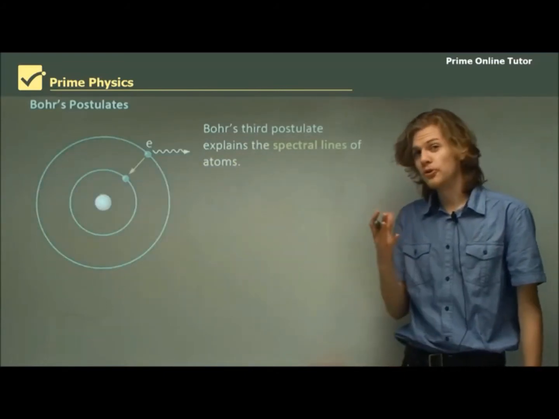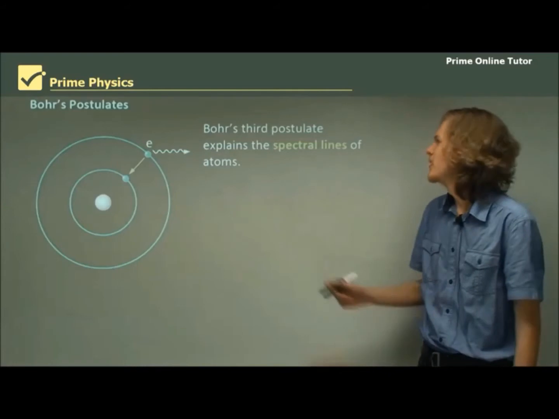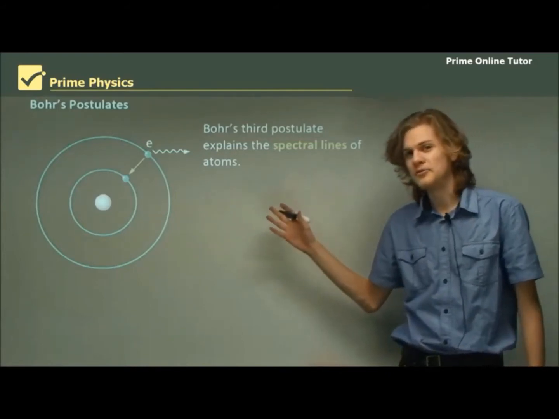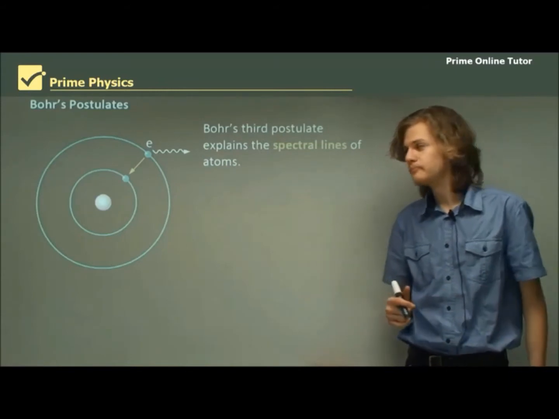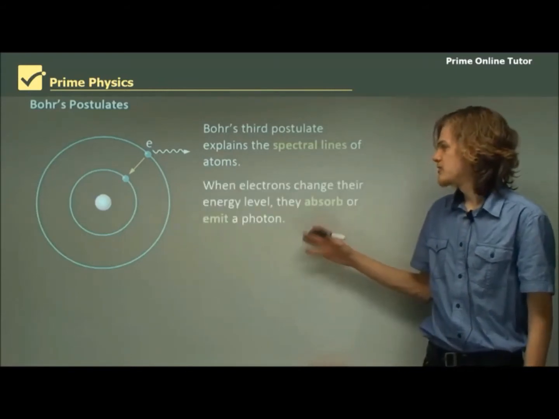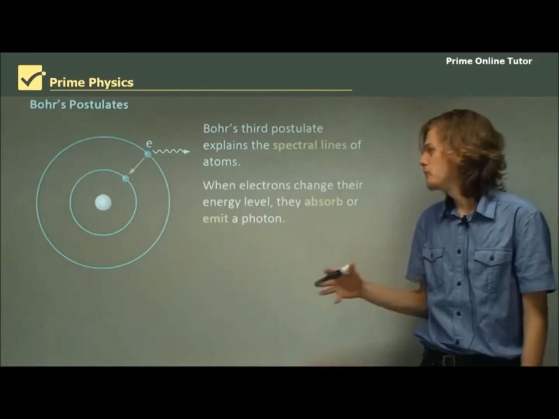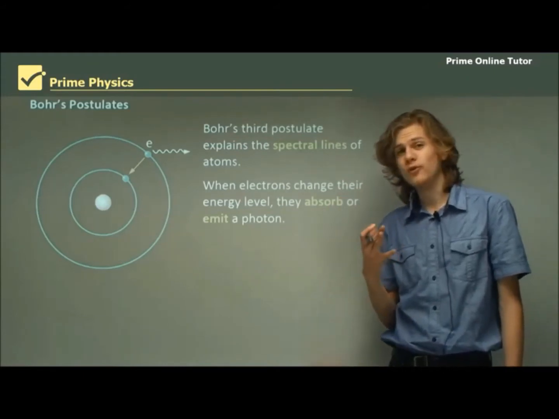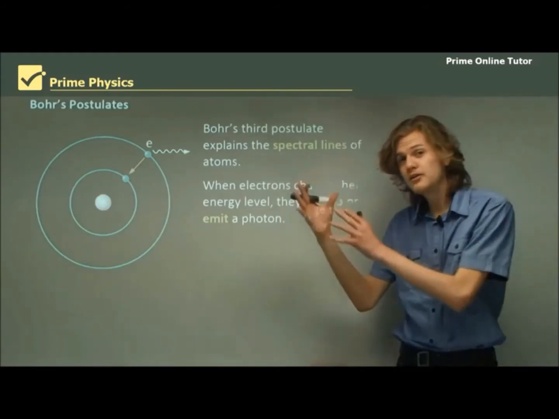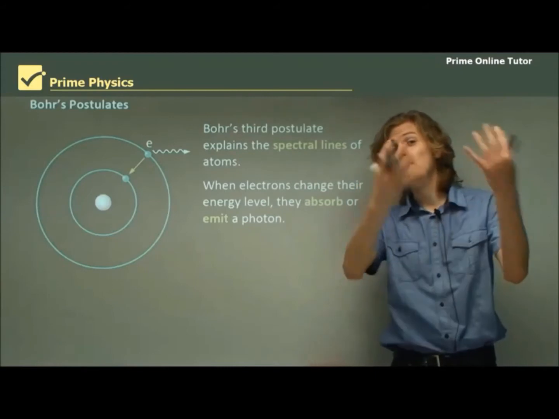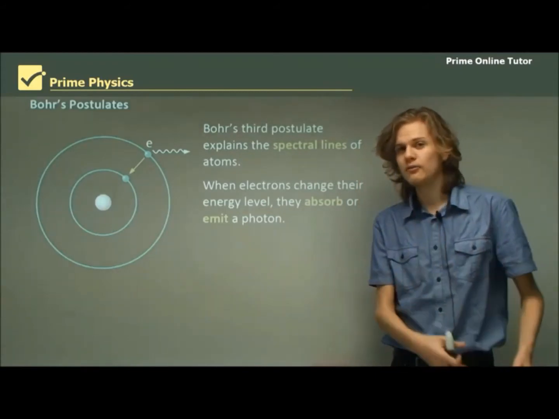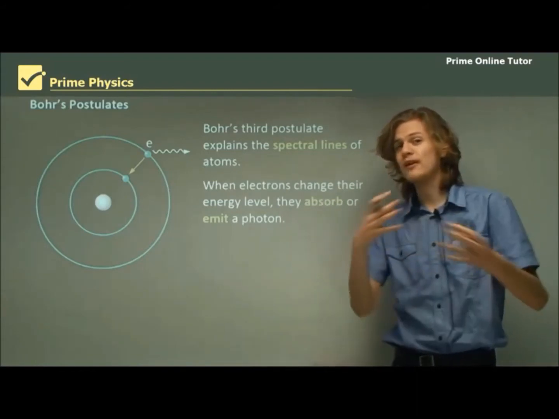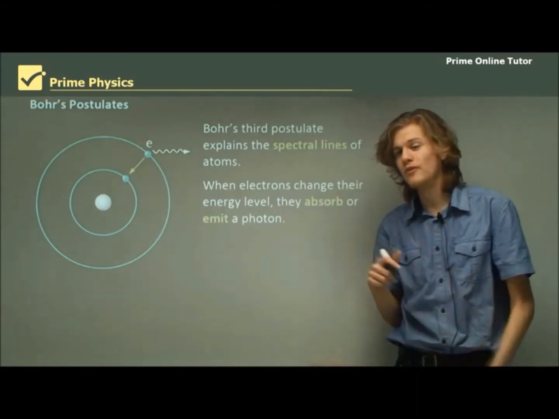So Bohr's third postulate, we're still on the postulates, explains the spectral lines of atoms. And this is what allows electrons to jump between energy levels. The postulate says that when electrons change their energy level, they absorb or emit a photon. If they go from a high energy level to a low energy level, they emit a photon of energy. If they go from a low energy level to a high energy level, they can only do it if they first absorb a photon of energy.